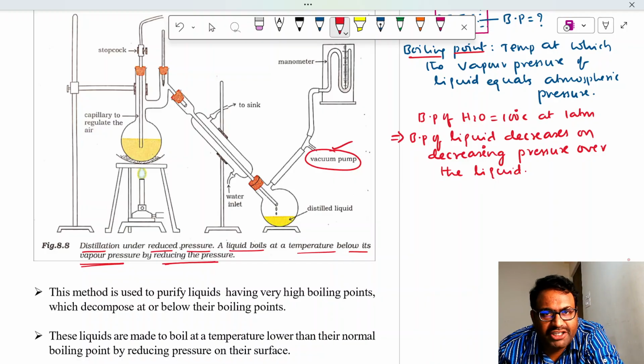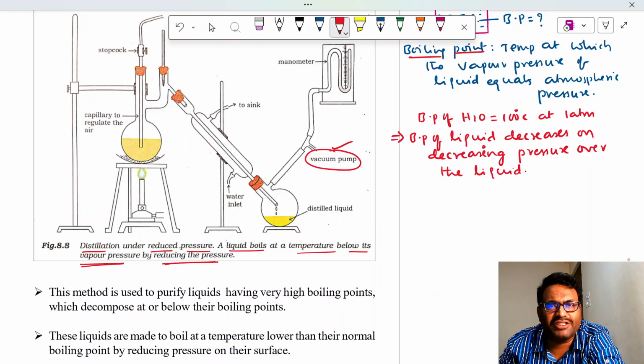Boiling means it will get converted into vapor form below its boiling point. That means its boiling point decreases, simple thing.